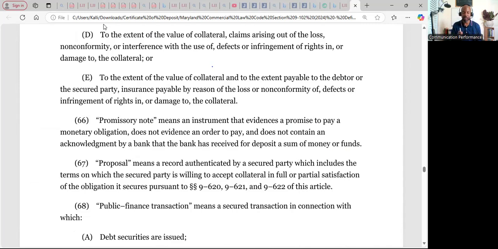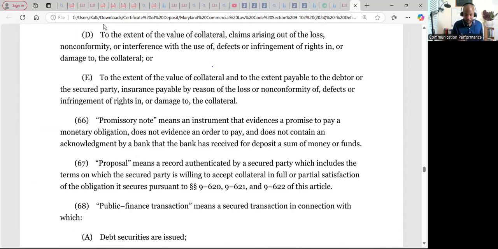Because the entire banking system is based off of a promise to pay, which is a promissory note, but it may come in different forms. They may say it's a draft, a bill of exchange, etc. But they may say it's a bond, but it's basically a promise. All of them are promises to pay, right? So let's get back to the definition of promissory note.